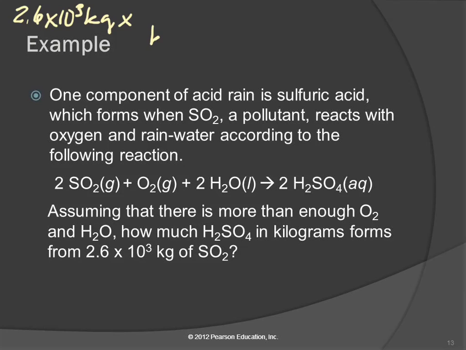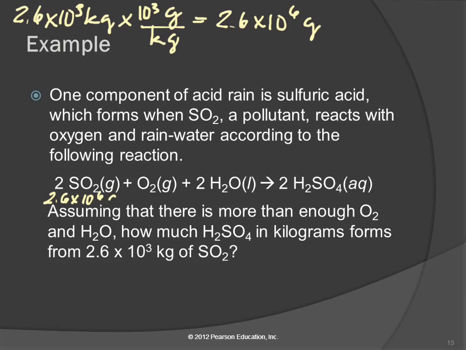That's going to be kilograms on the bottom, grams on the top. Kilo means 10 to the third. This should be a review. So that ends up being 2.6 times 10 to the 6 grams. And that will be less troublesome. So that's the mass of SO2. 2.6 times 10 to the 6 grams.